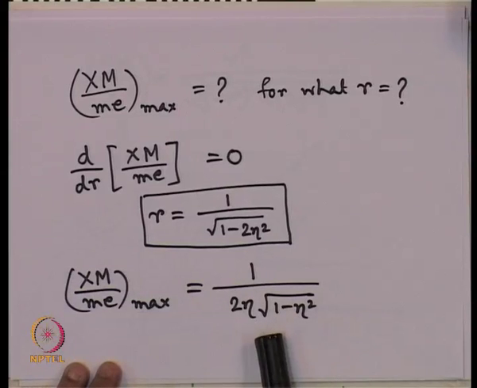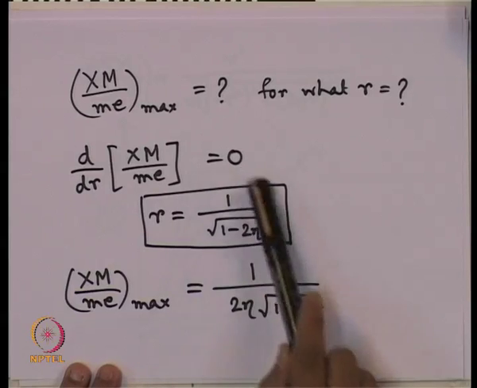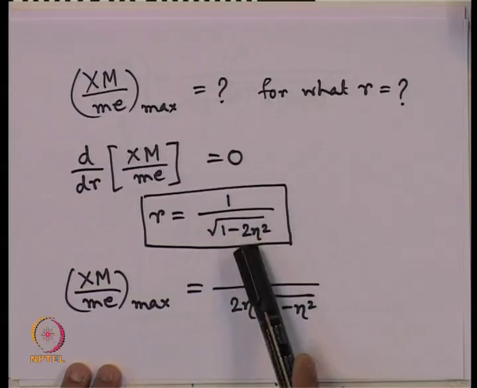The maximum dynamic magnification factor remains the same, but the location, that is, for what value of r that maximum occurs, differs. Earlier it was a little before r equals to 1, that is, a little less than r equals to 1. Now, it is a little above r equals to 1. So, it is again the reciprocal of the previous case.